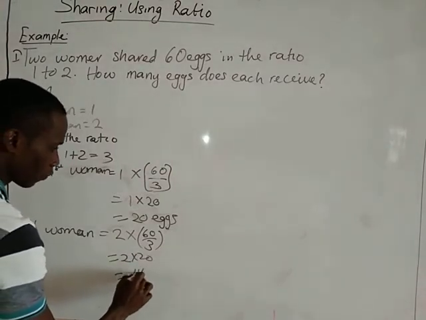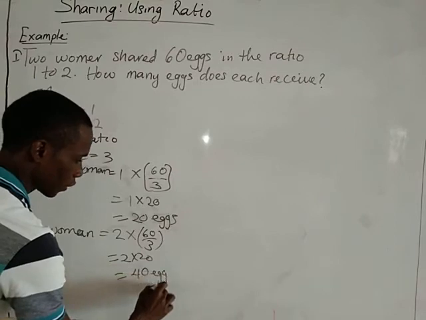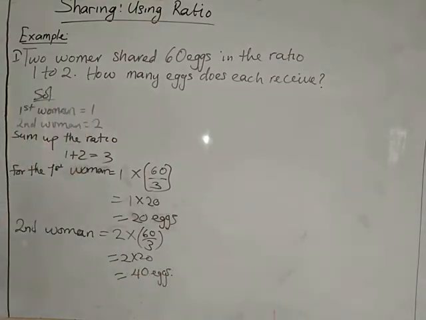That will give me 40. So the second woman gets 40 eggs. Now we've been dealing with the ratio between two individuals.